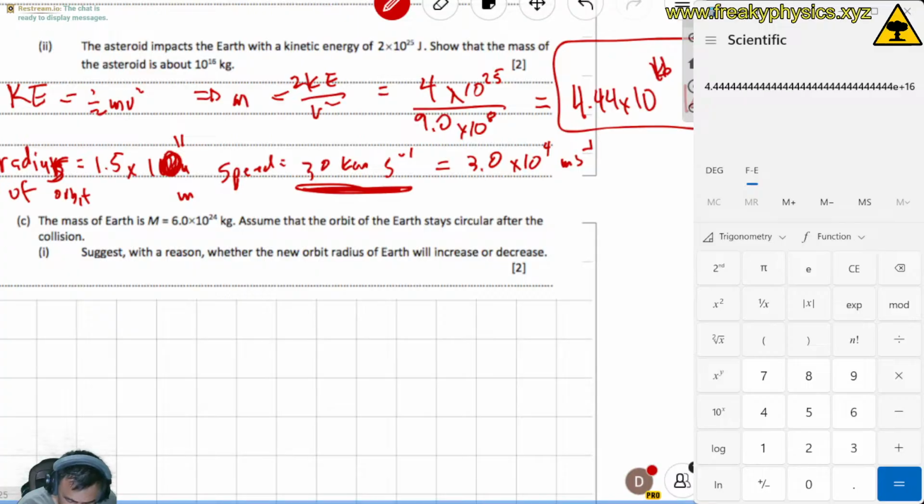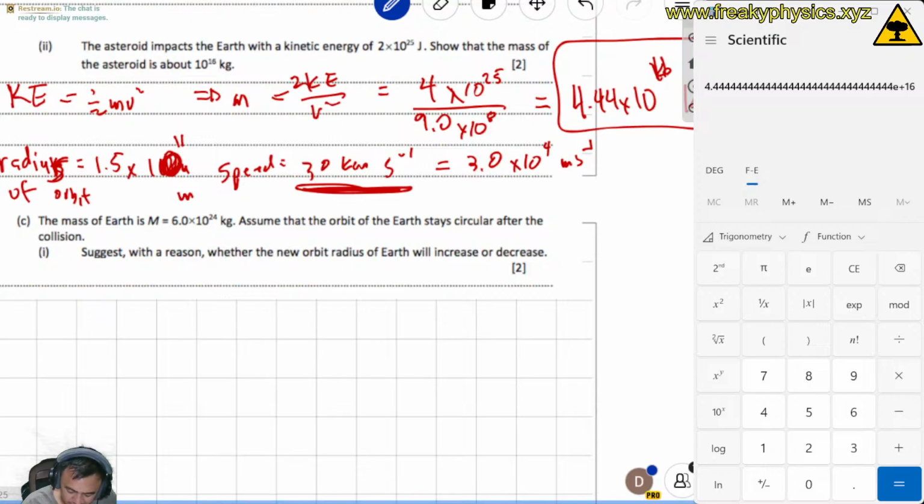Okay. First of all, what's the answer here? Let me think again. Give me a moment. Okay. So just with the reason whether the new orbit will increase or decrease. All right. I think we better just solve this real quick.